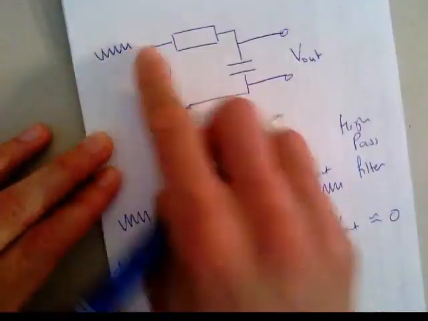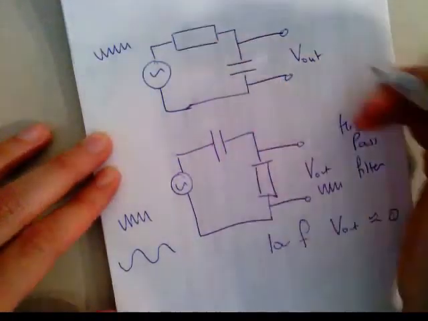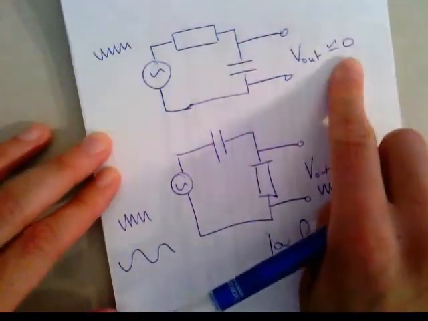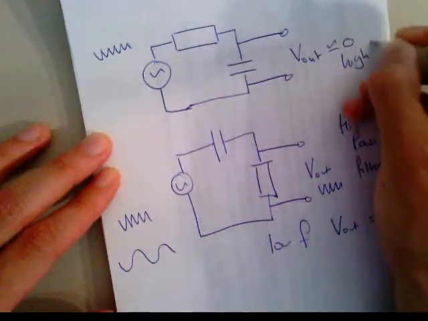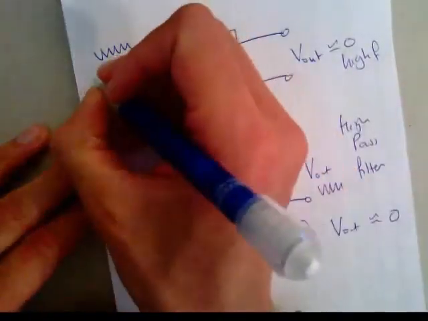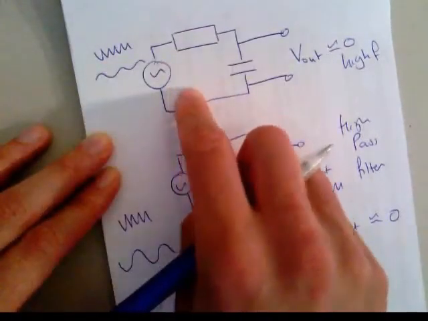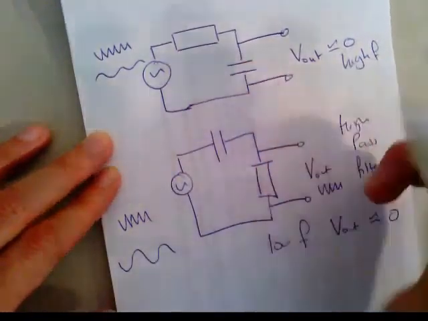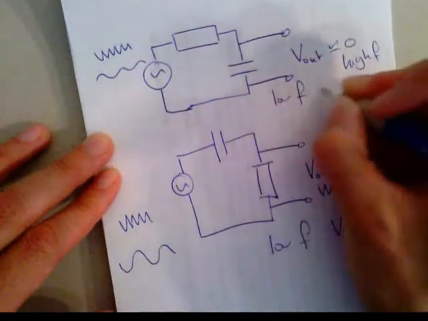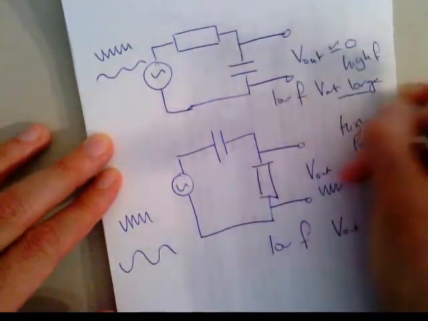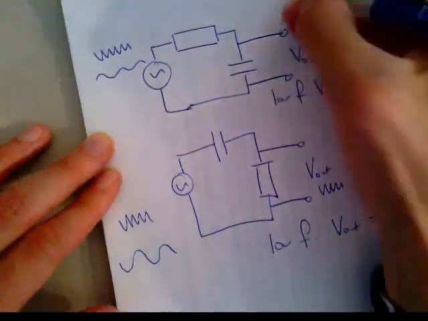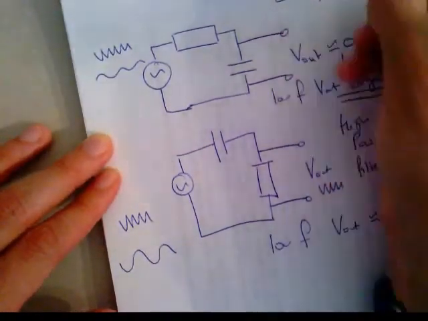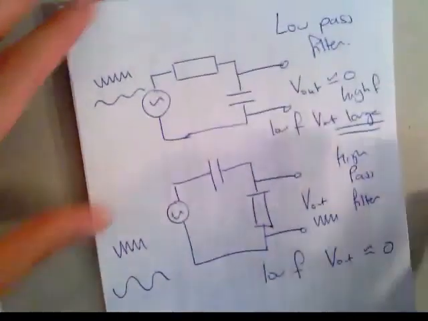When you have a high frequency signal going in, the capacitor acts like a short circuit, so V out is going to be approximately 0 at high F. When you have a low frequency, so this is a slow wave coming out, the capacitor has time to charge up, so it acts like a massive resistor. So at low frequencies, V out is going to be large. This is known as a low pass filter. And that's the difference between them.